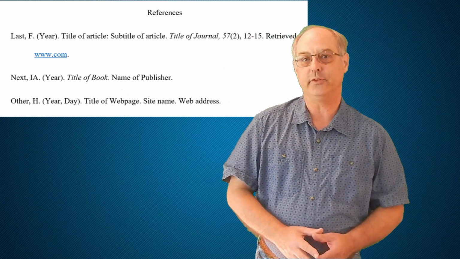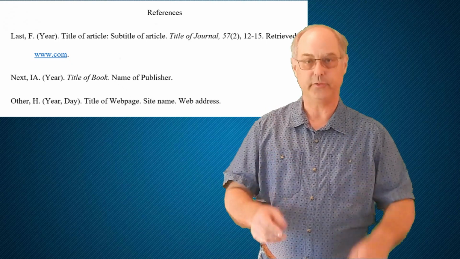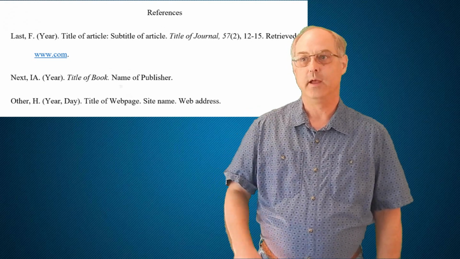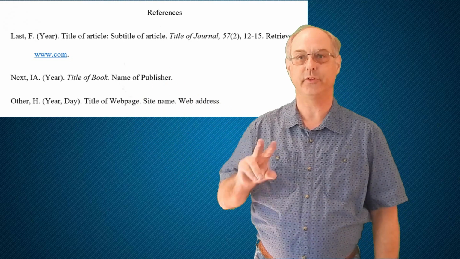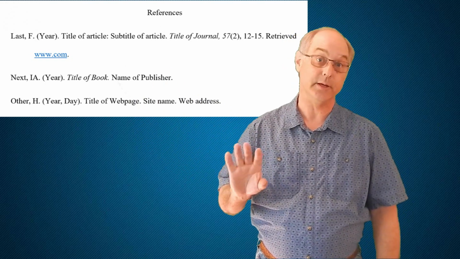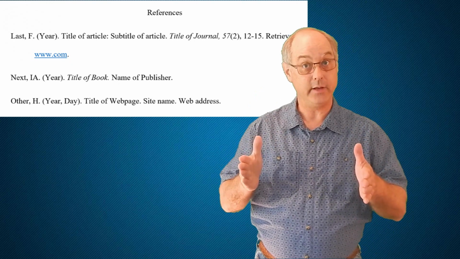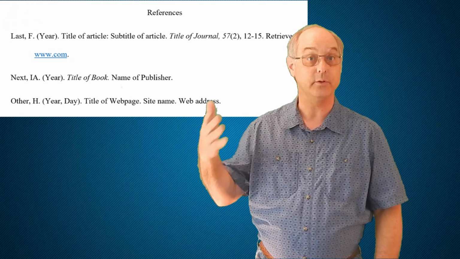Items in your references list are organized by categories, and each category is indicated by a period. Things within a category are separated by commas, so you have these two pieces of punctuation to worry about. You have the period that indicates the end of a category, and a comma which indicates further information within a category. And your categories are pretty simple, so let's take a look.